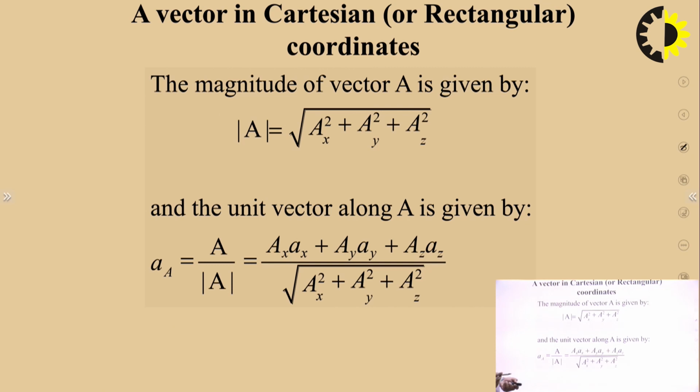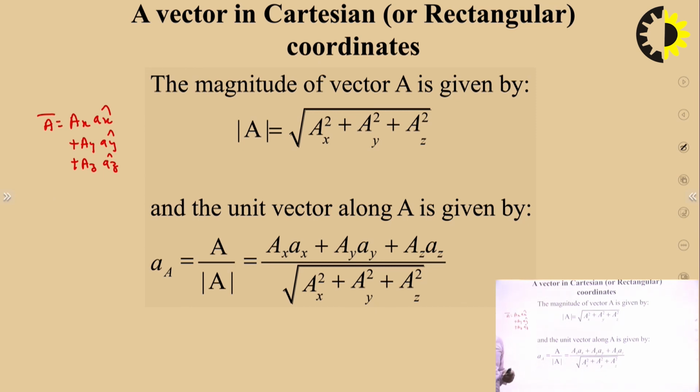So how do we calculate the magnitude of vector A? If the vector A is defined as Ax into ax plus Ay into ay plus Az into az, then how do we calculate the magnitude of vector A? It is the square root of the components of magnitude in the x direction, which is Ax.